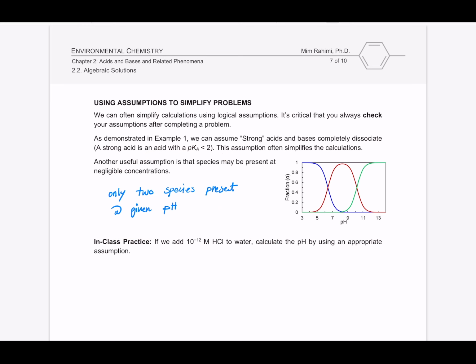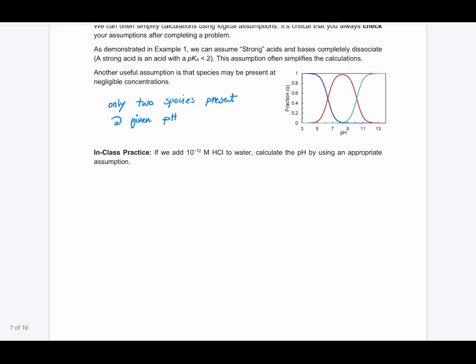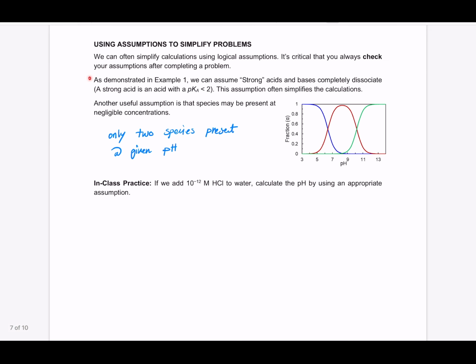But the fact that you can sometimes say this species' concentration is not considerable, you can just make it negligible. But the most important one is this one: the full dissociation of strong acid and base.